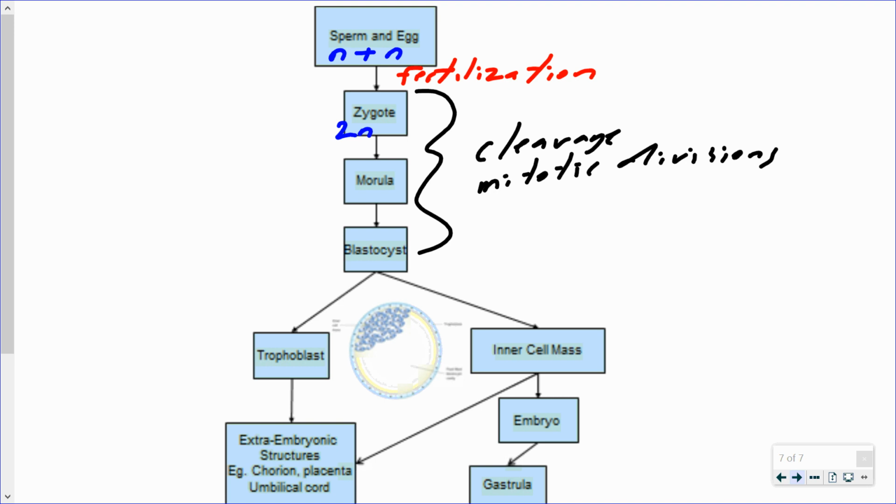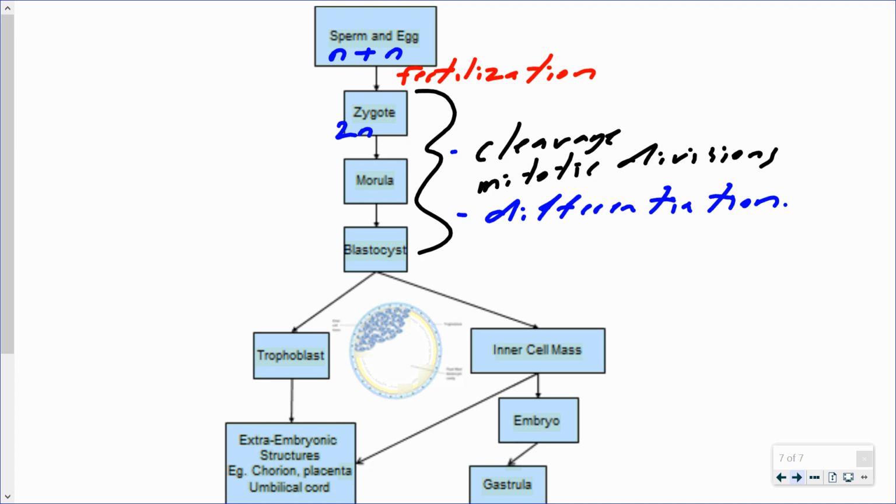We also have the beginning of the process of differentiation taking place in here. Cells begin to acquire their distinctive structures and functions. They become specialized. That is the differentiation.